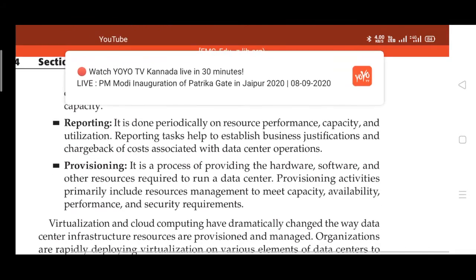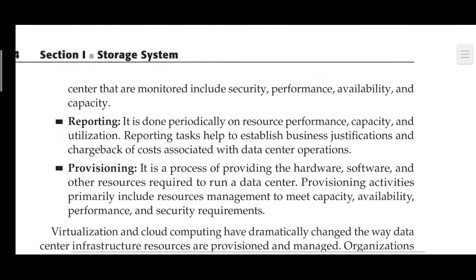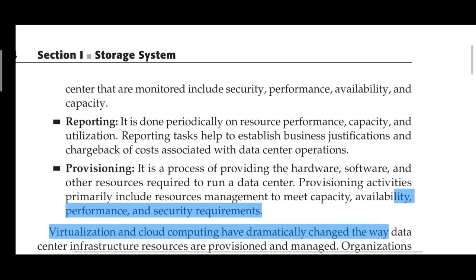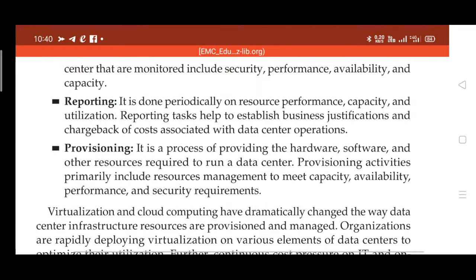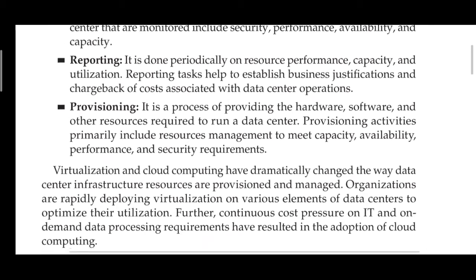Next is reporting. It is done periodically on resource performance, capacity and utilization. Reporting tasks help to establish business justification and chargeback of costs associated with data center operation. Next is provisioning. It is the process of providing the hardware, software and other resources required to run a data center.